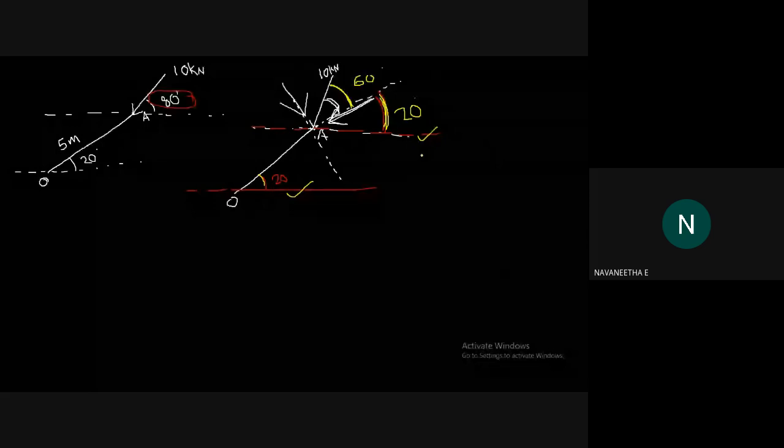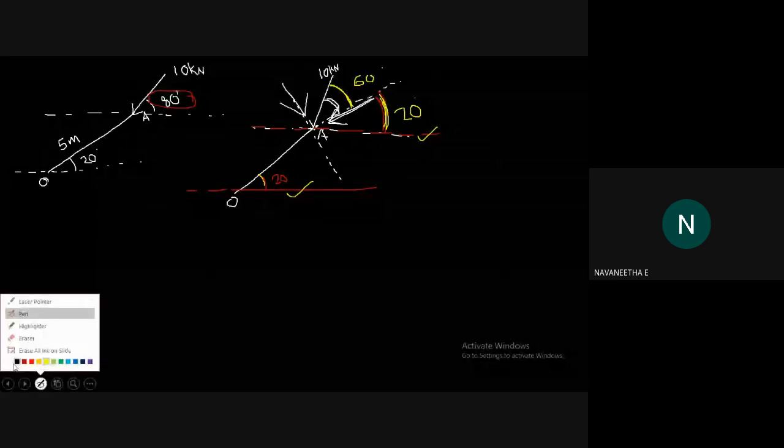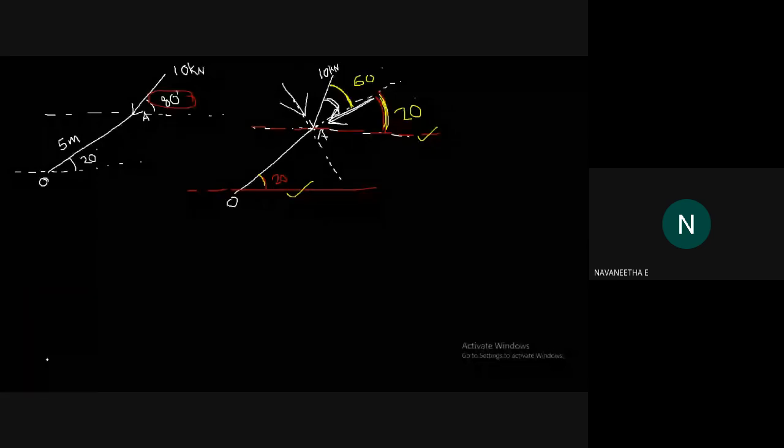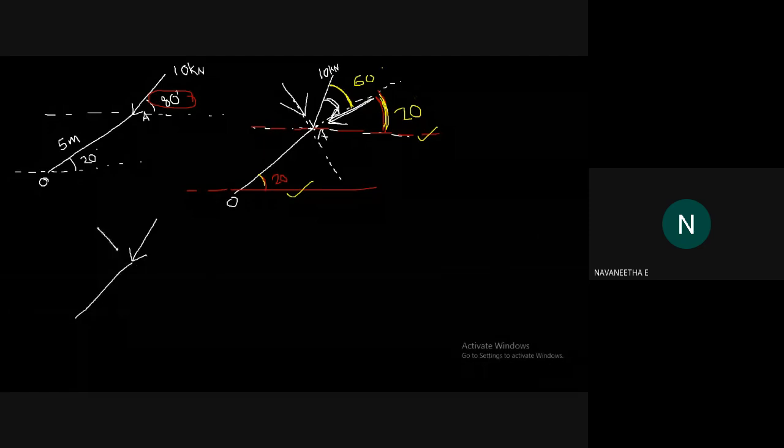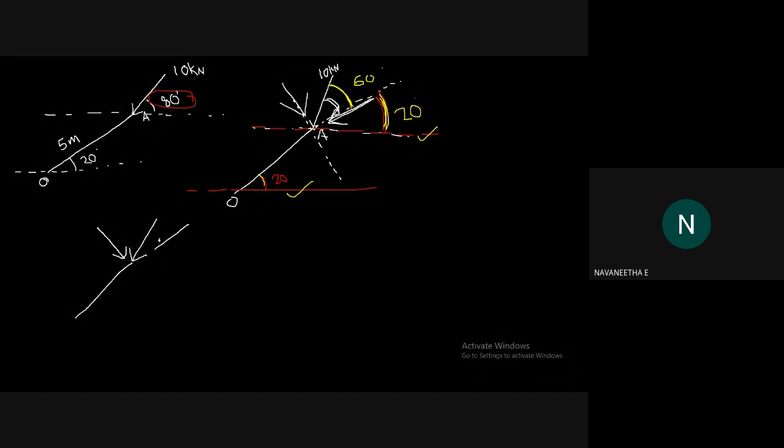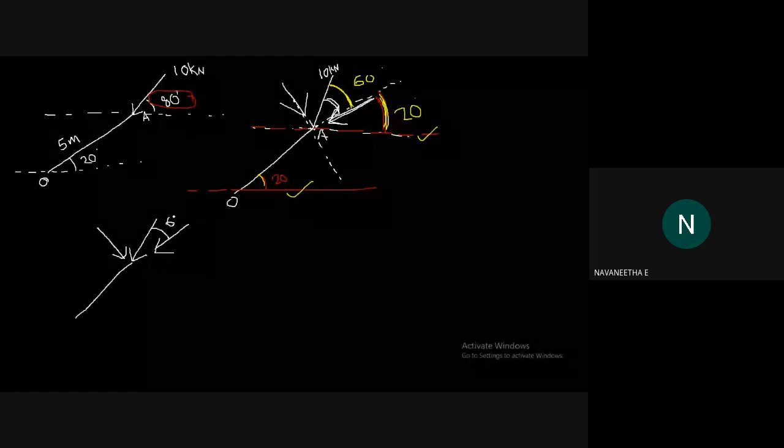So for more clarification, I am going to draw the figure neatly. This is the y component and this is the x component, and this angle is 60 degrees that we found here.